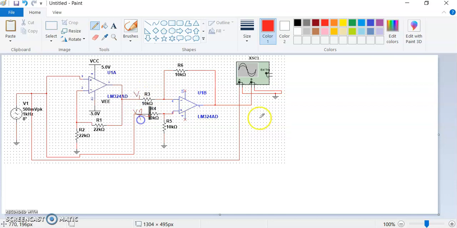So it will produce the output V0 equals V1 minus V2. I will explain how it produces this.